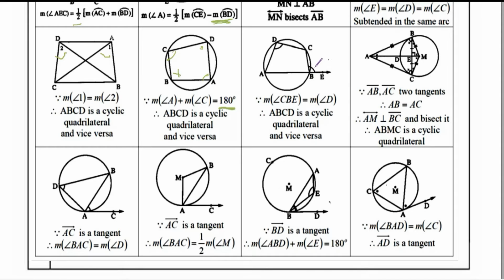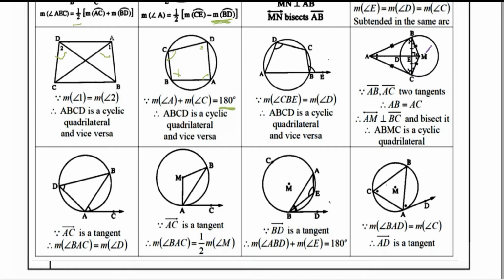The measure of the angle CBE, the exterior, equals the measure of the angle D, yes, the interior opposite to the adjacent of the exterior. So ABCD is a cyclic quadrilateral and vice versa.